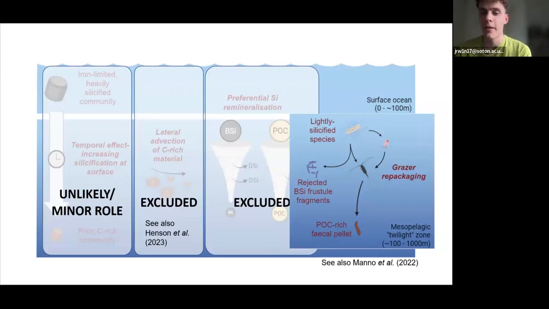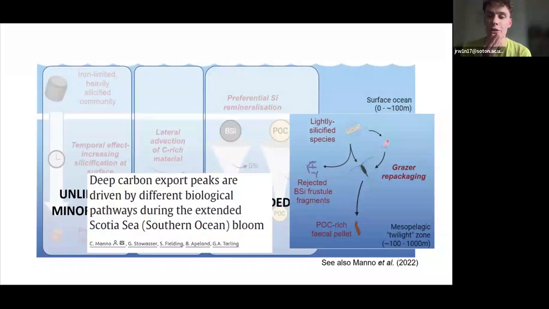We're also pretty lucky that Clara Mano was doing some work with deep sediment trap fluxes at that site during our study period. And sure enough, they're dominated by fecal pellets during the period of the study, and they're also carbon rich. And the molar ratios are in pretty good agreement with those measured in our marine snow catchers overlying them.